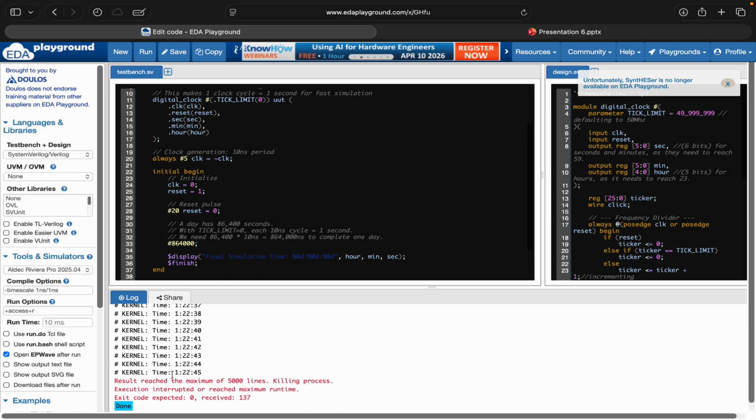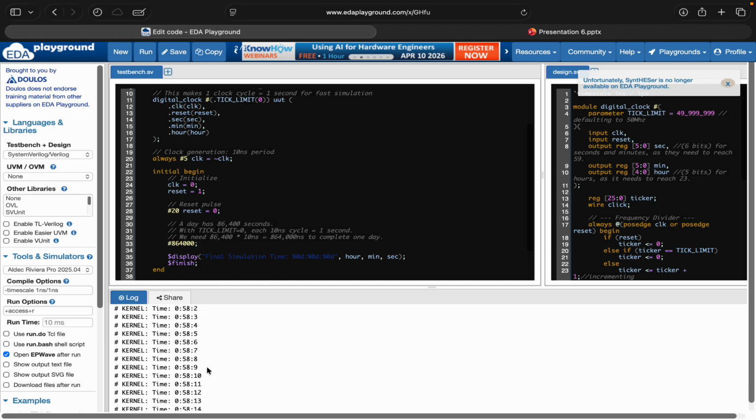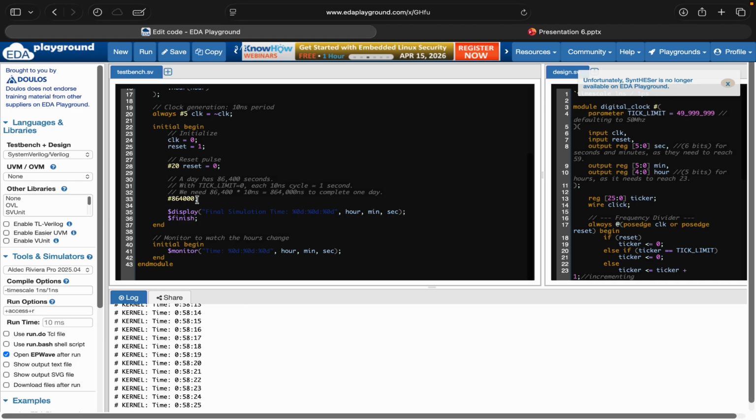That means I can show output only up to a certain number of lines, but more than that EDA Playground will not allow. So the result reached the maximum of 5,000 lines. Till 5,000 lines, this has covered all the possible outputs. But after that it is not able to cover it. But the code is correct and it will run up till 8,64,000.